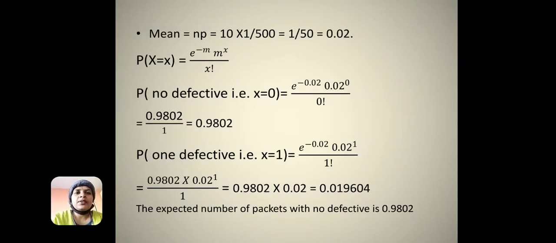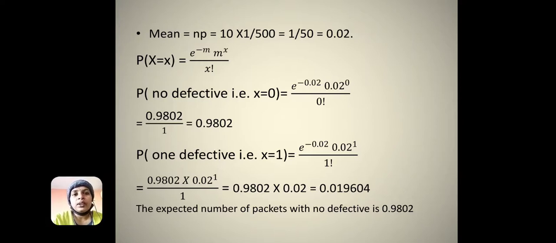The mean is np, 10 into 1/500, which is 1/50, that is 0.02. You will have a hint in the question also, as they will mention the exponential value. The probability of no defective, x equal to 0, is e power minus 0.02, 0.02 to the power of 0, divided by 0 factorial.